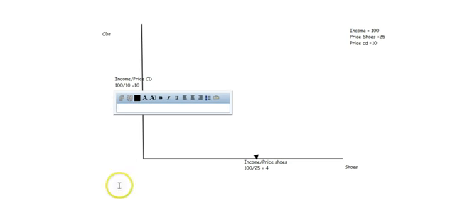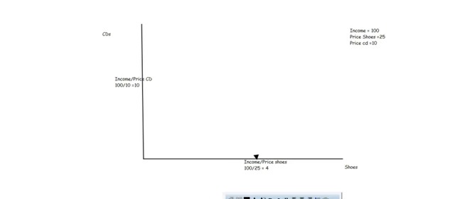Again, we want to draw a little line here. Now, in order to draw our budget constraint, we'll draw a line from the maximum number of CDs to the maximum number of shoes. And that gives us our first budget constraint.